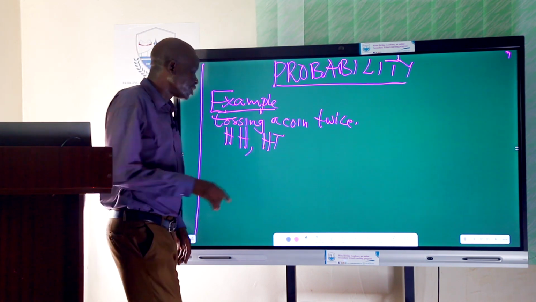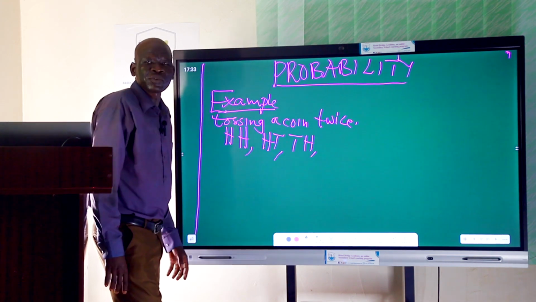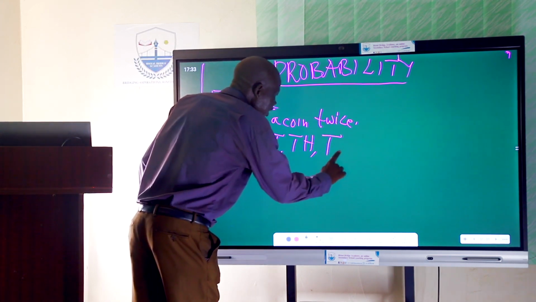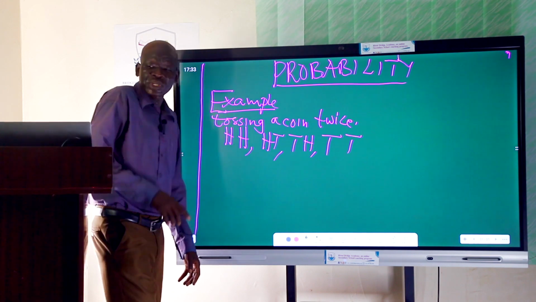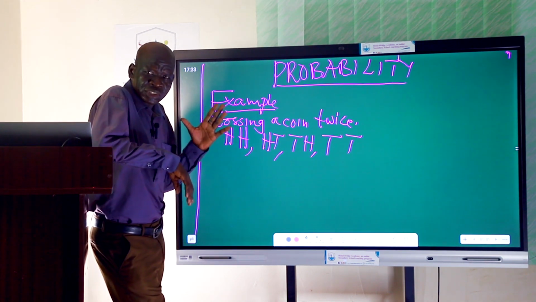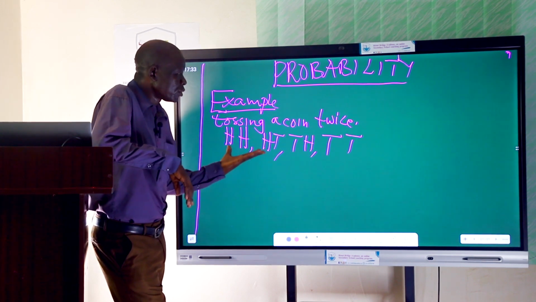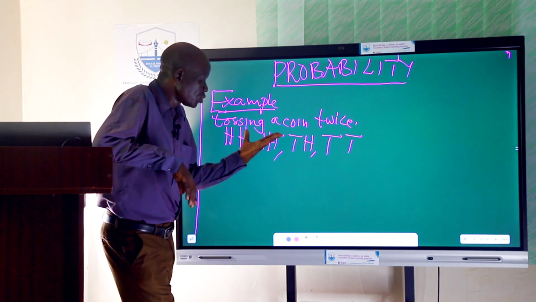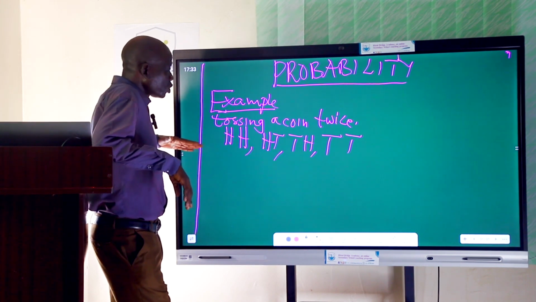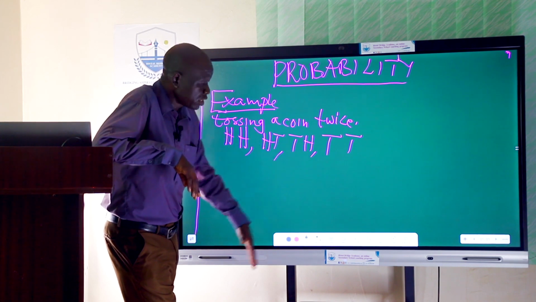We can get a tail and then a head. Then we can get a tail and another tail. So we can say that there are 4 chances which can occur when we toss a coin 2 times. All of these are called events.